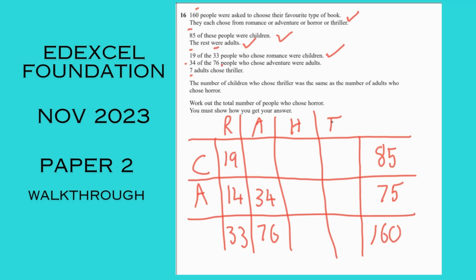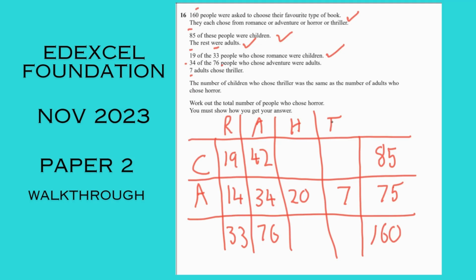So do a subtraction. We've got 42 children who chose adventure. 7 adults chose thriller. So before you read on, we've got a column: 75 minus 14 minus 34 minus 7 means there are 20 adults going for horror.